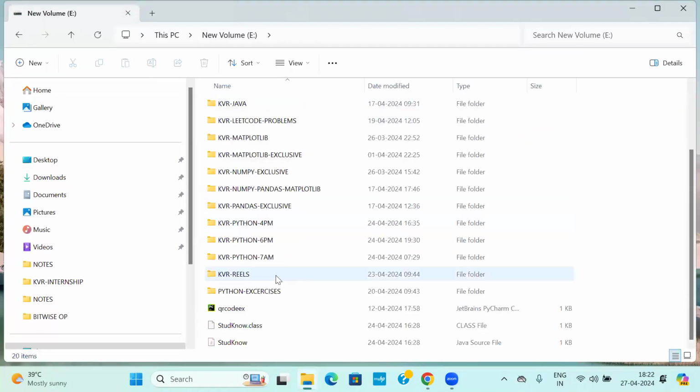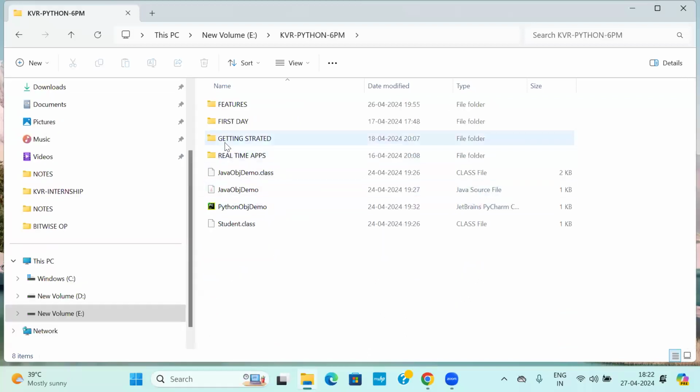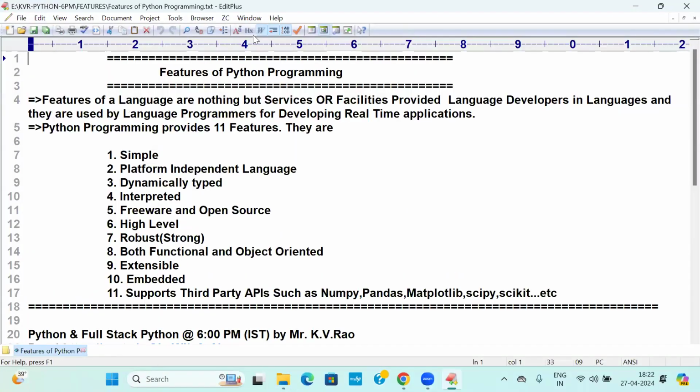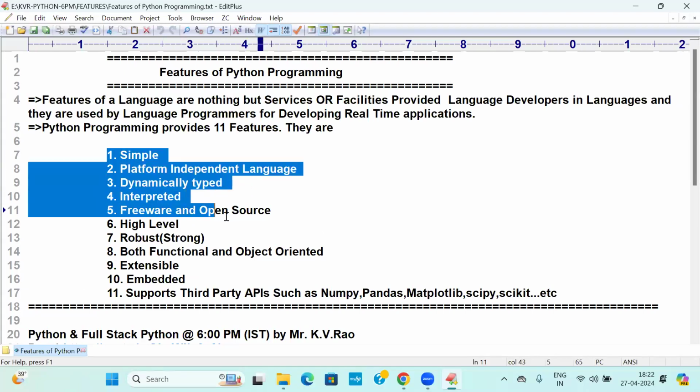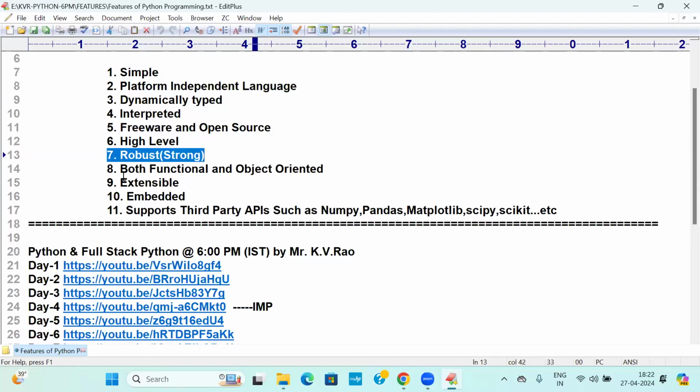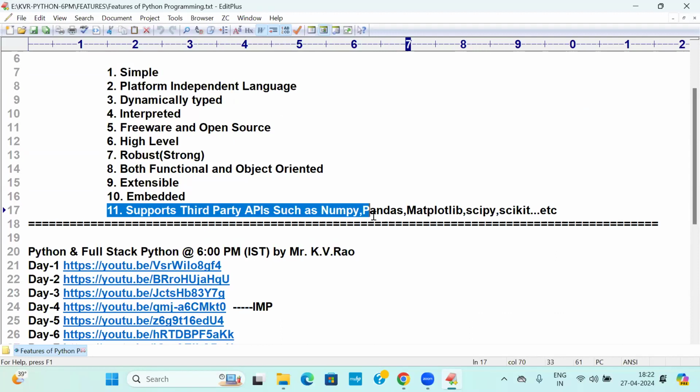Under the features of Python programming, almost all the most important features are already completed. Now I am entering into another set of features: robust, functional and object oriented, extensible, embedded, and third party support. These kinds of things we'll discuss.